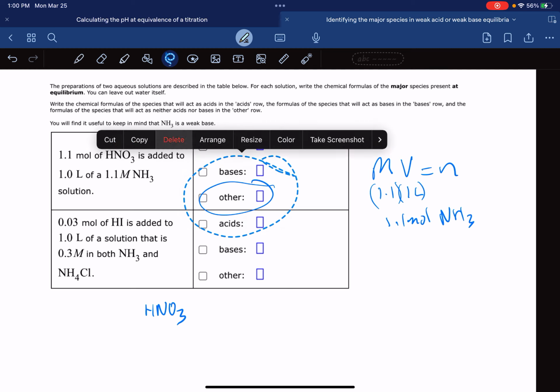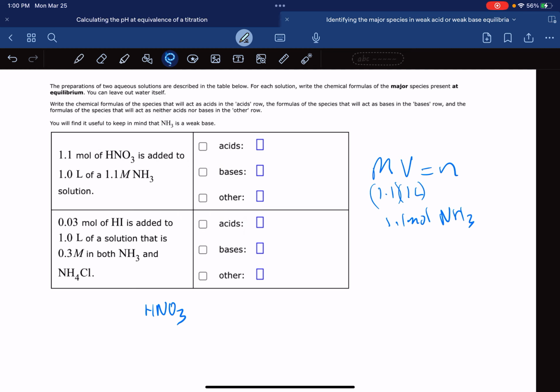So let's delete that so we don't want it. We're going to keep the NO3 in here, knowing that it's going to be gotten rid of on the other side. So we're going to have NH3, and it's going to react, and it's going to form NH4 plus and NO3 minus.